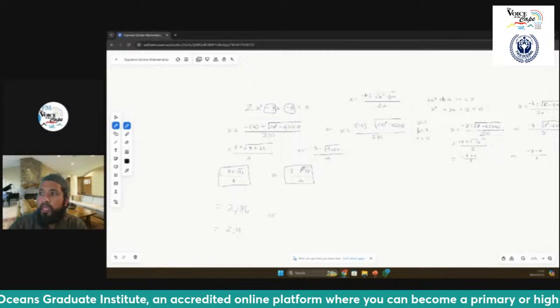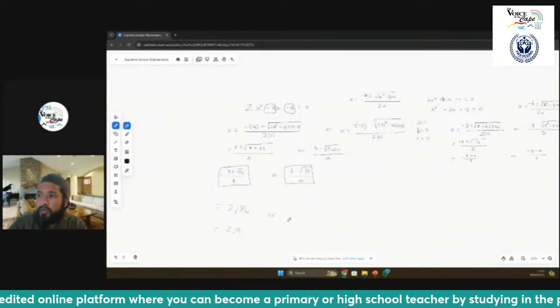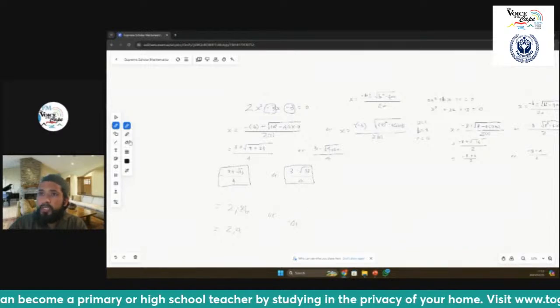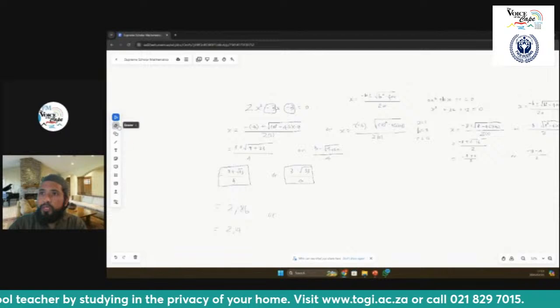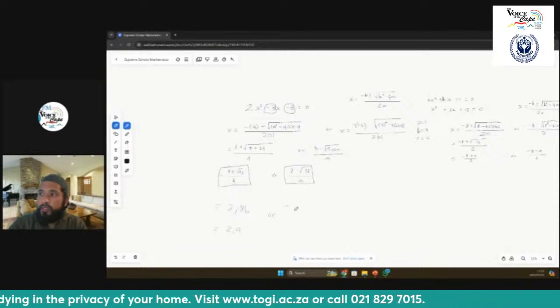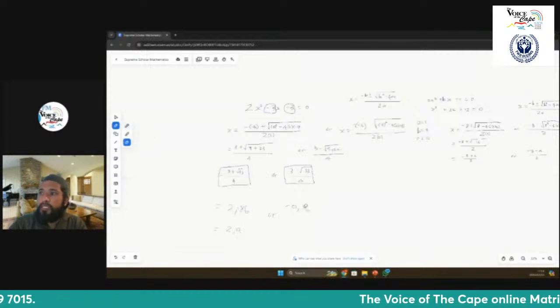And then you do the same thing with 3 minus the root 33 over 4, and if you did that, you would have gotten an answer of negative 0,686, if you put it correctly in your calculator.